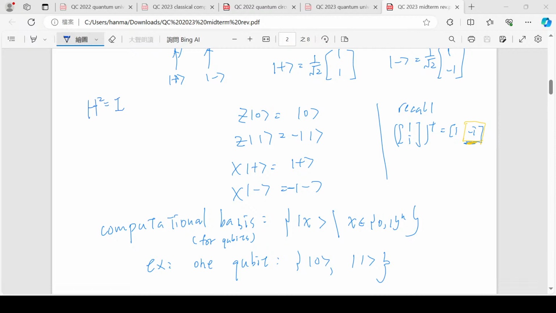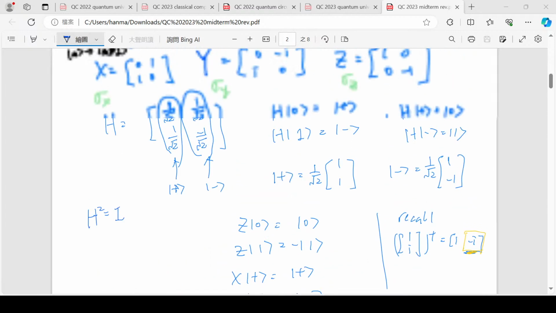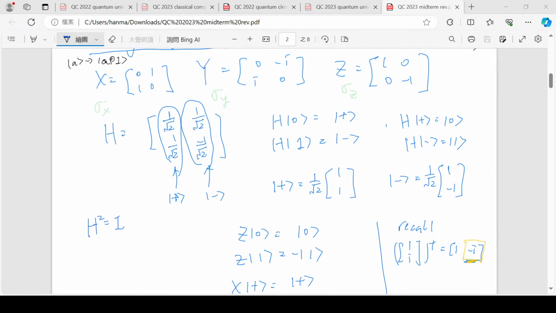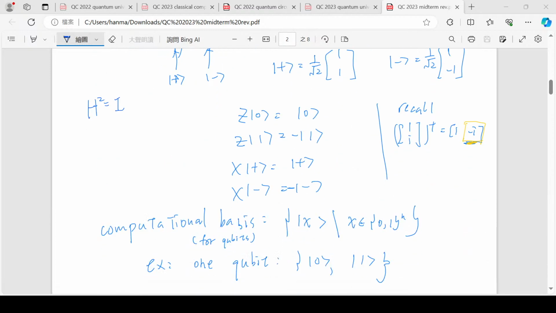Then there's something special to remember, which is the transpose. When you write a column vector and apply the dagger operator to get the corresponding row vector, you need to do complex conjugation. So the dagger is transpose, then complex conjugation. This is special because we are working with complex numbers.